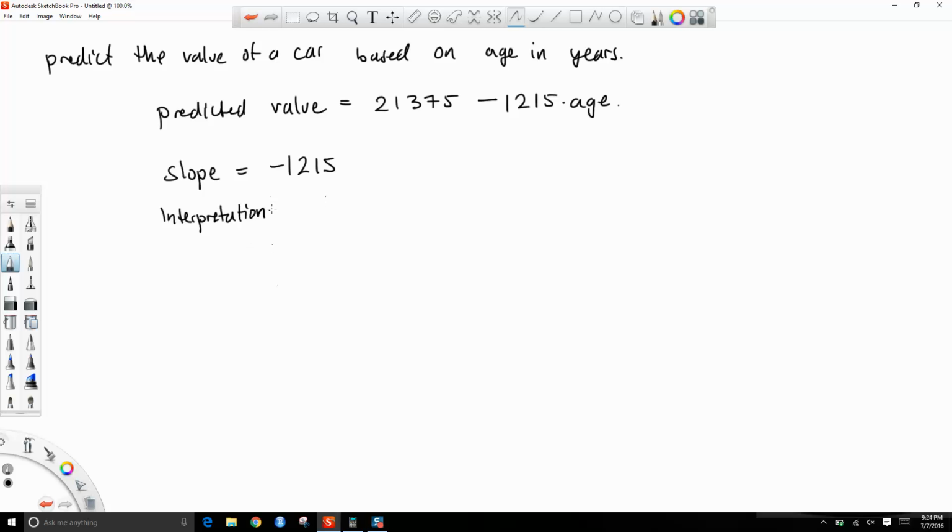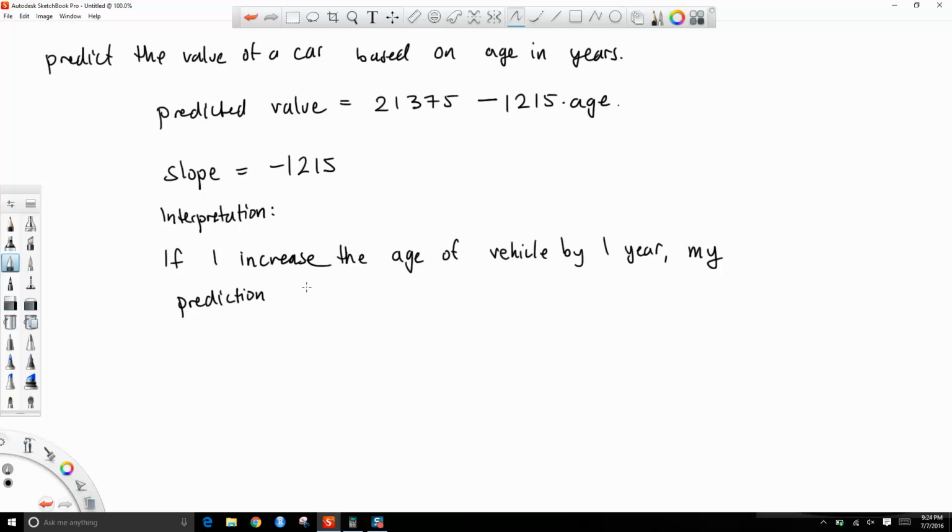Yeah, so the interpretation here is if I increase the age of the vehicle by 1 year, my prediction for its value goes down by $1,215.